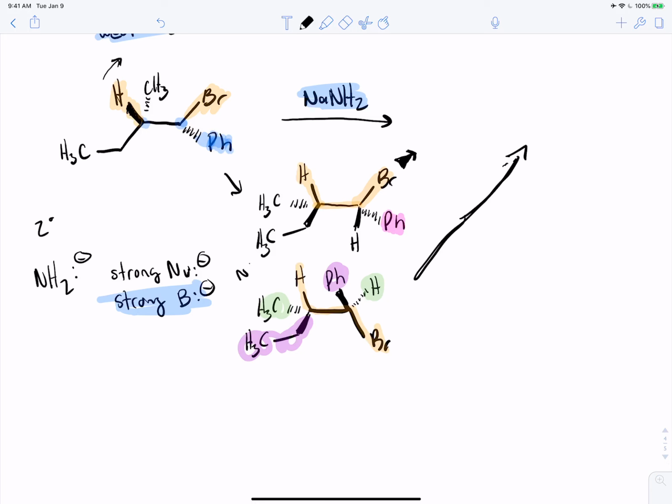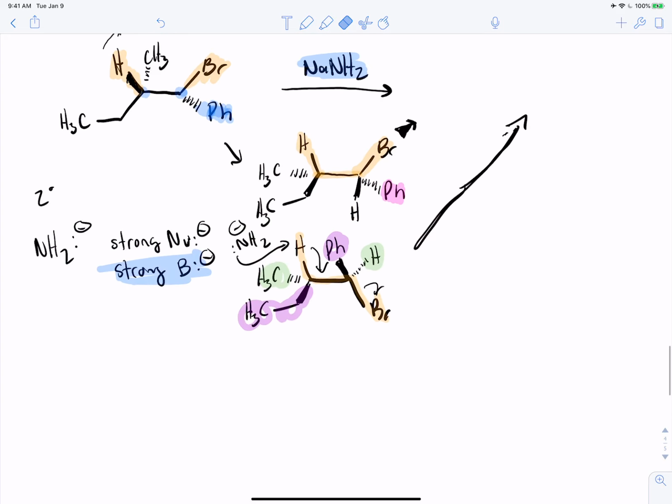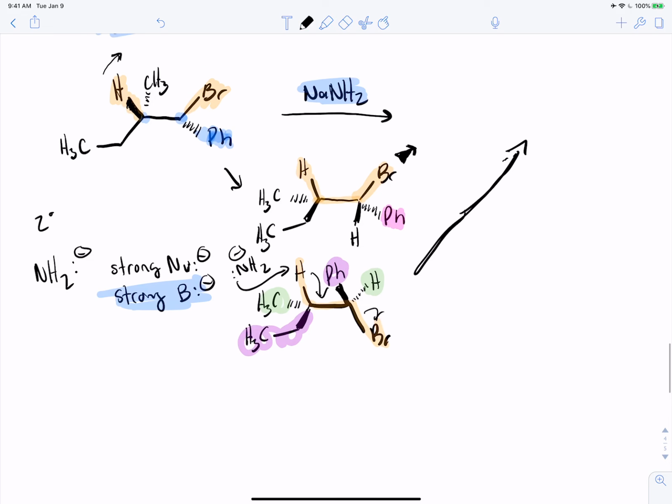So when the NH2 minus comes in and kicks those off, sorry, I'm trying to make you guys nauseated. Now the phenyl group is going to be on the same side, and the hydrogen and the methyl group will be on the same side.